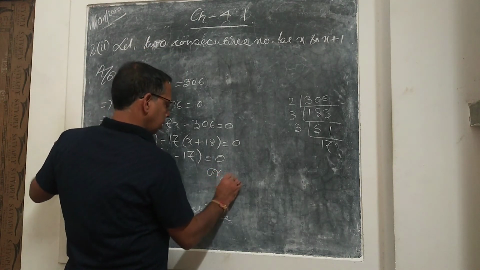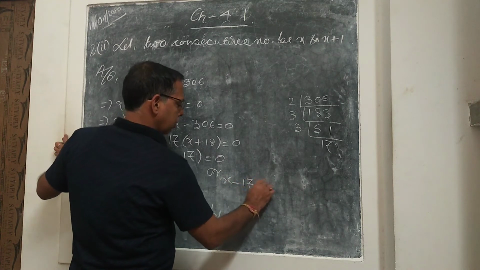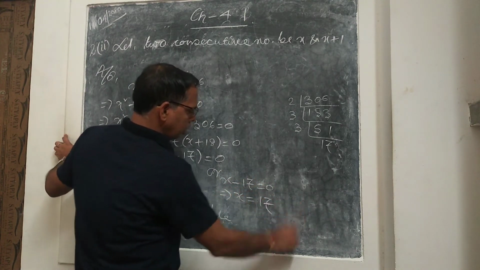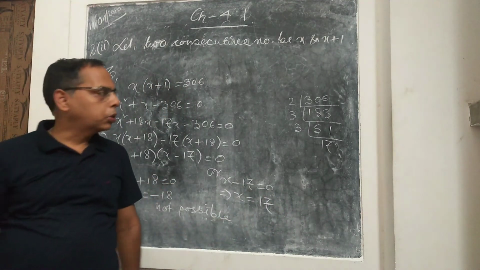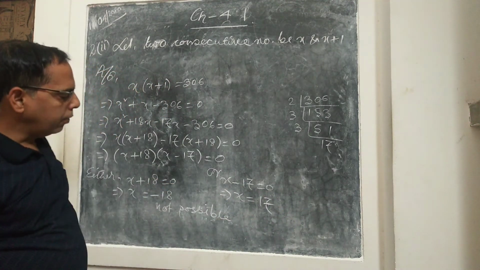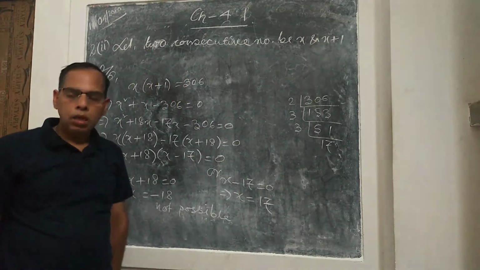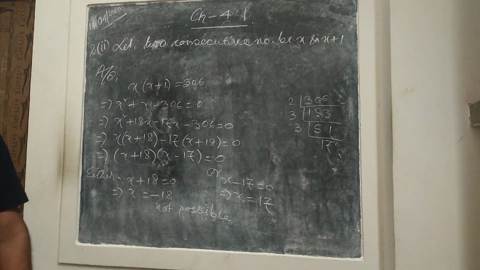Or x minus 17 equal to 0 implies x equal to 17. So this is possible. So therefore two consecutive numbers are 17 and 17 plus 1, 18. Therefore two consecutive numbers are 17 and 18.